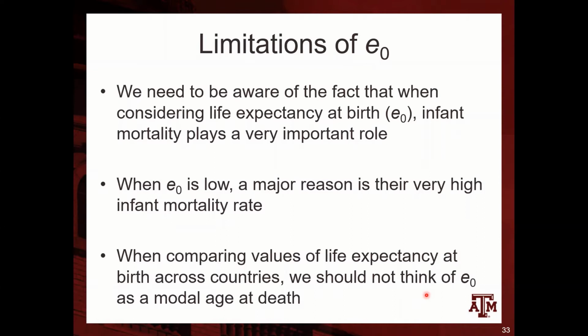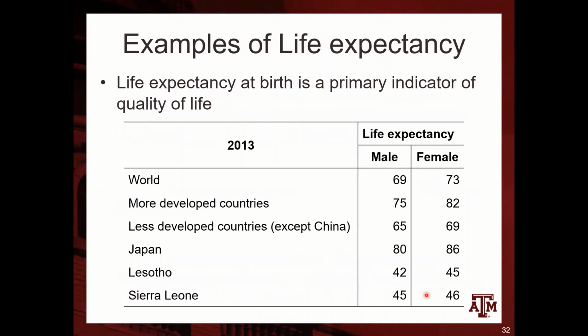So the mode of life expectancy would be the most probable age at which people would die. But when we have really high infant mortality rates in those countries, we should not think of these numbers here as being the ages in which most people are dying. Age 42 among men in Lesotho and 45 among women in Lesotho, for example.